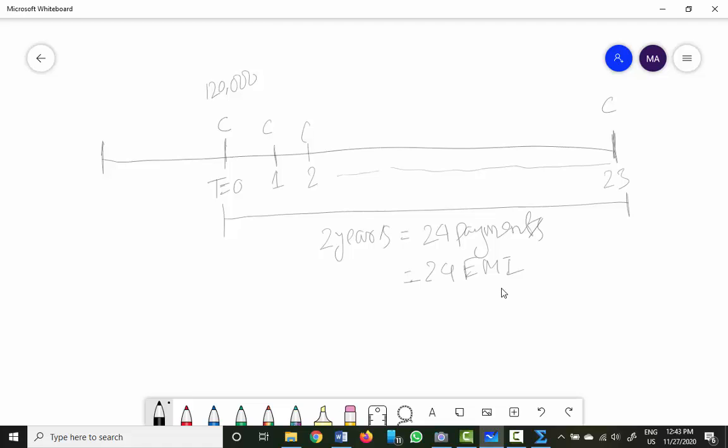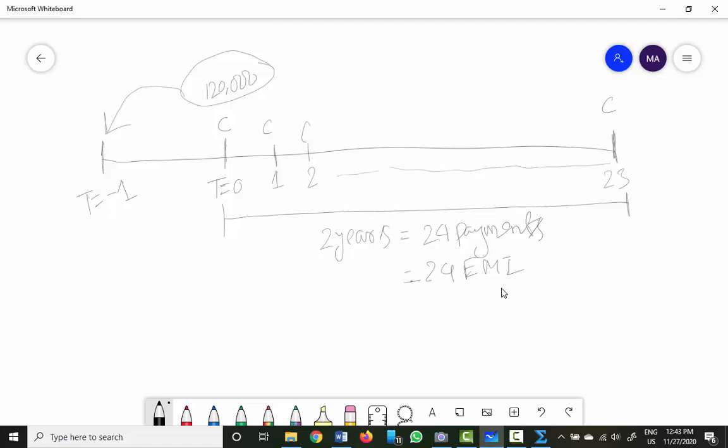So we can convert this annuity due problem to an ordinary annuity problem. How? If you bring this single cash flow one period behind, where T is equal to minus 1, that means if this one is period 0, this is minus 1, one month behind.